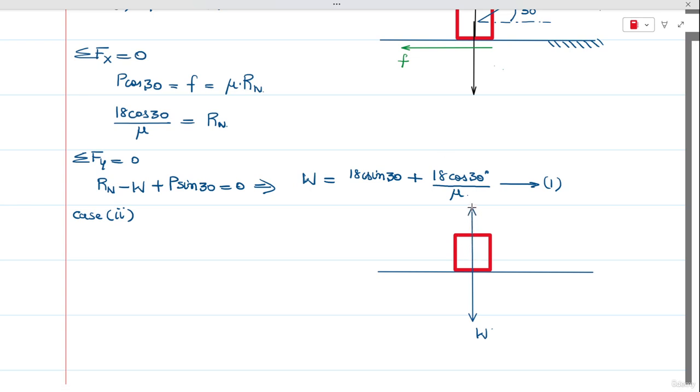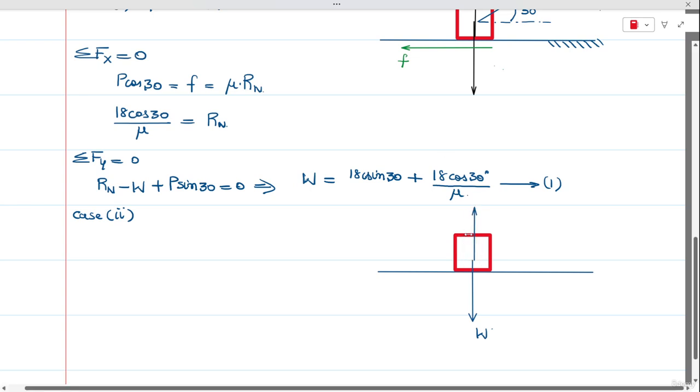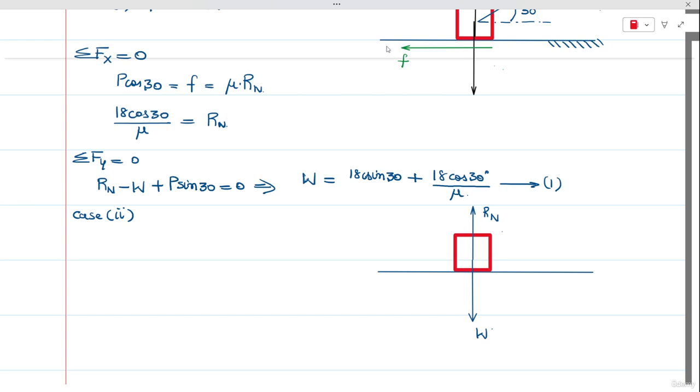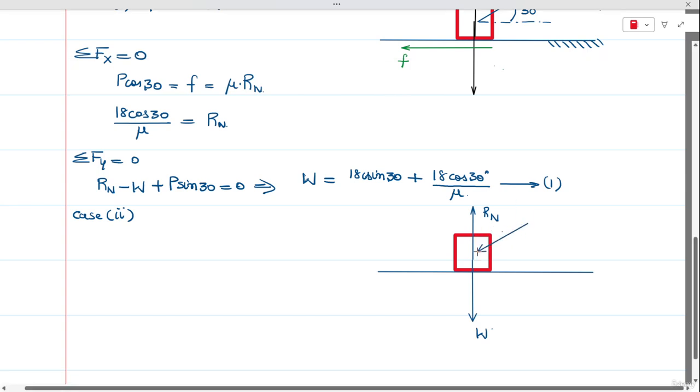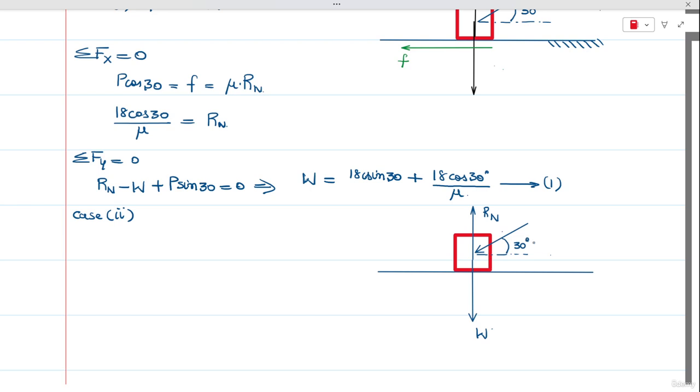The force applied here is the push, which means the force is pointing towards the left-hand side. This would be the push that has been applied on the body, and the push is going to make an angle of 30 degrees with the horizontal. So here P is equal to 22 kilonewtons.